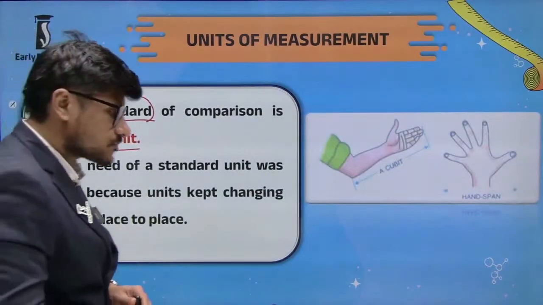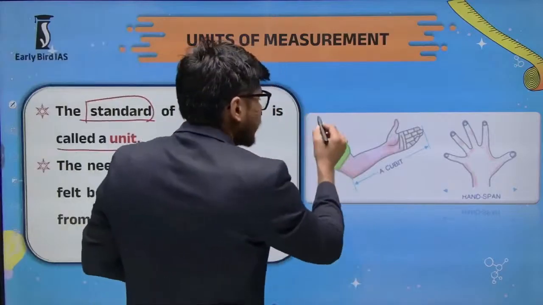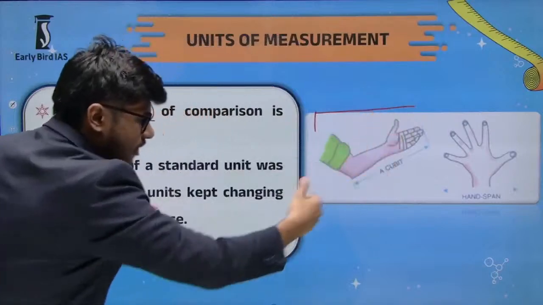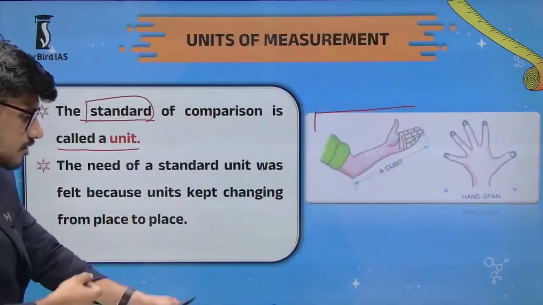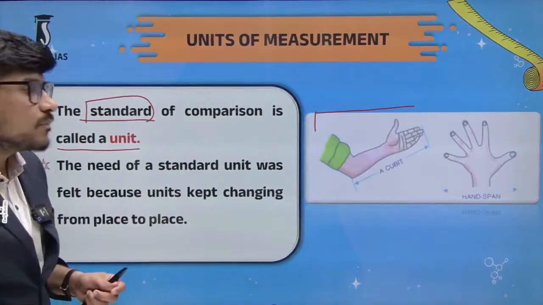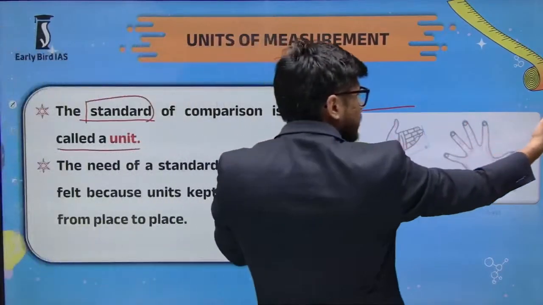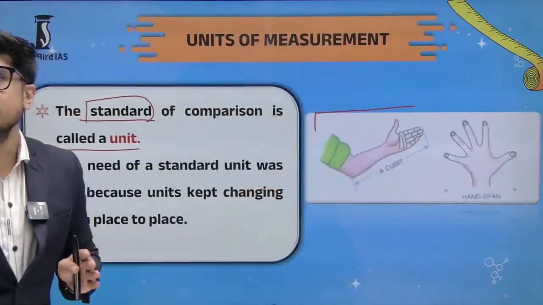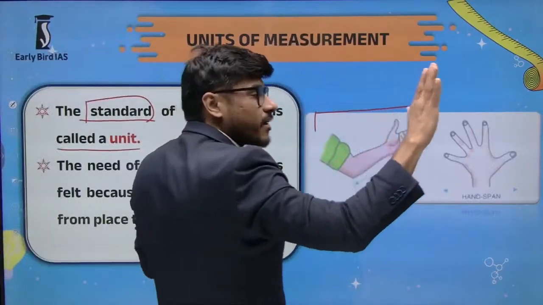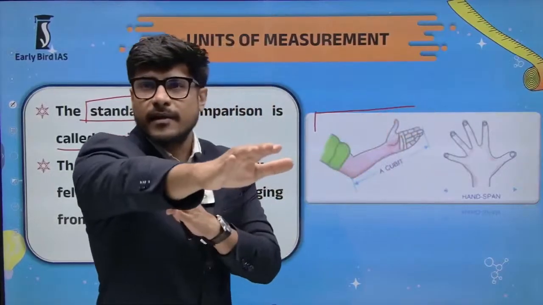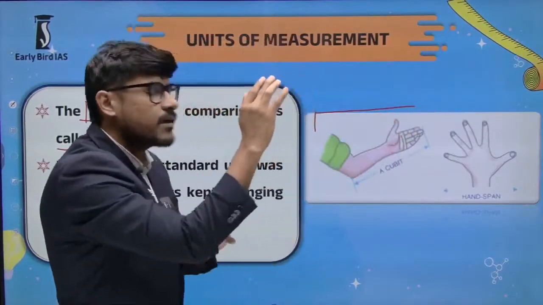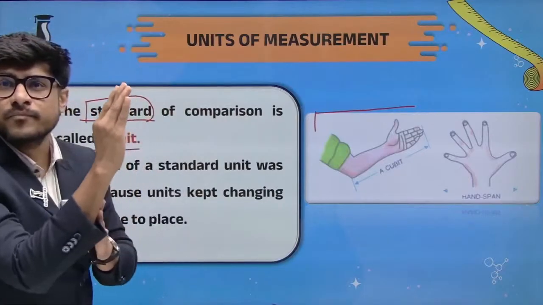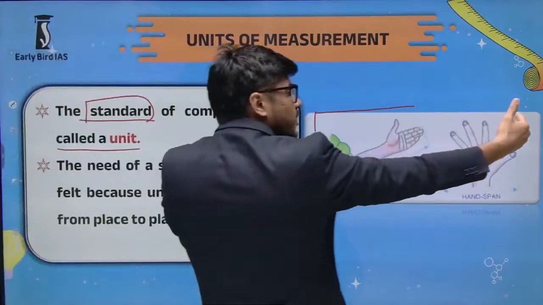For example, this is our screen and I need to measure the distance of this screen. How would I measure this distance? I can use my hand. I know the length of my hand, so this is my known quantity.